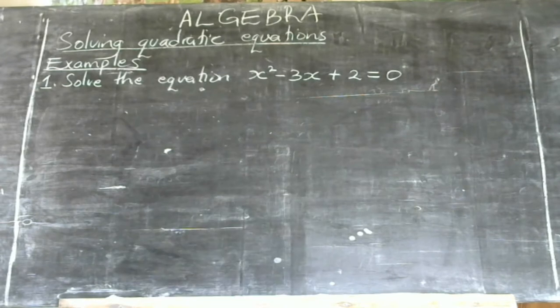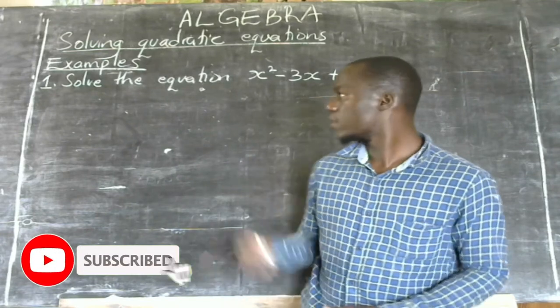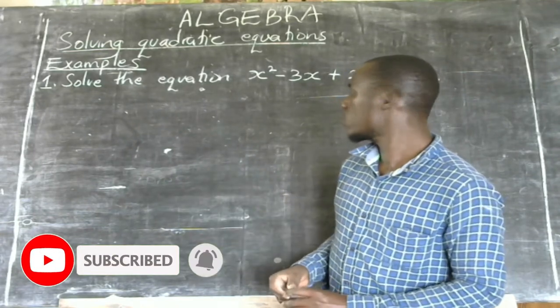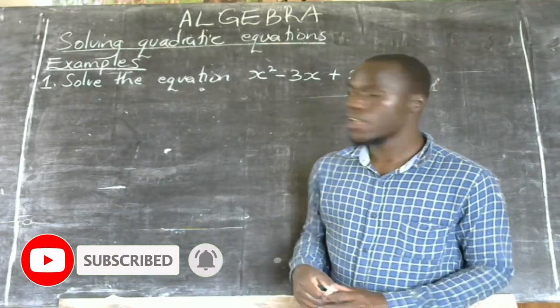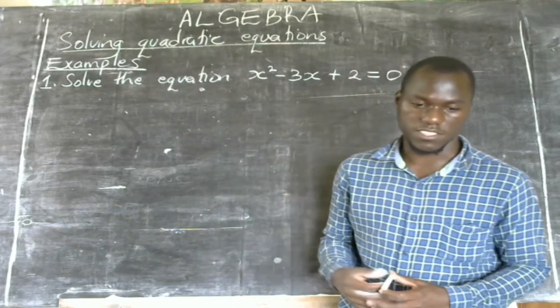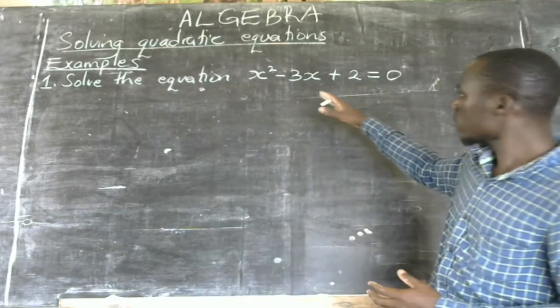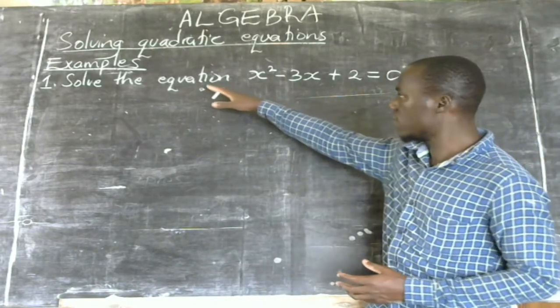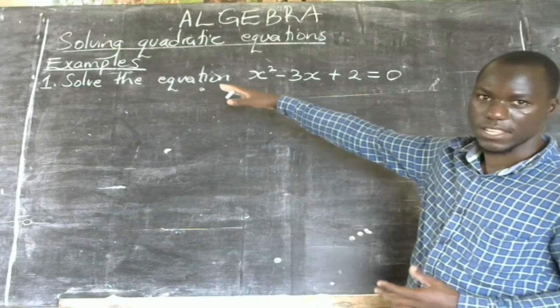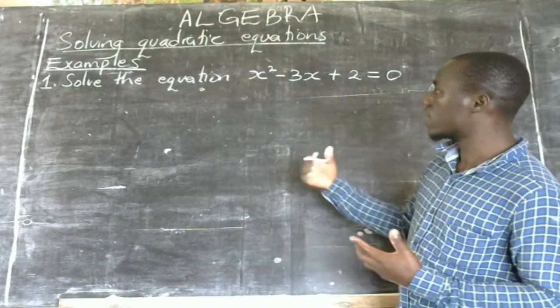My first example: solve the equation x squared minus 3x plus 2 is equal to 0. Now, when given questions, they can tell you that the equation is quadratic, or they may not even tell you.